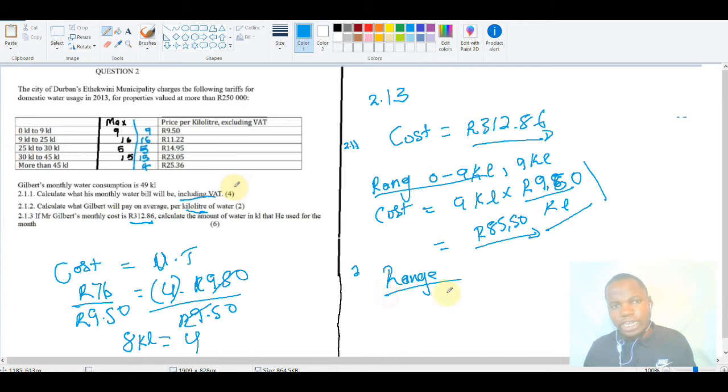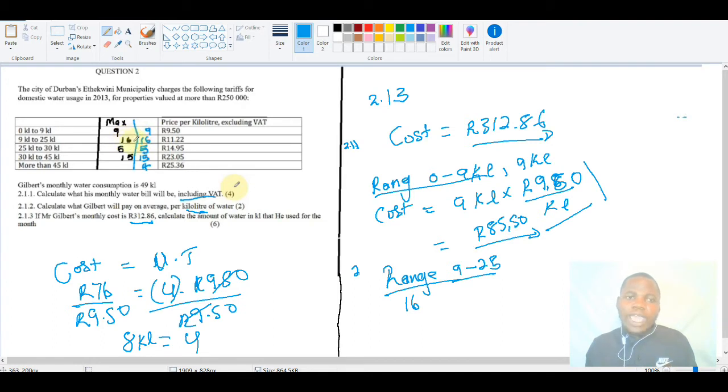So in the second range, what is there? You have 16. What is the range there? The range is 9 to 25. So in that range, what is the maximum water that you can use? It's 16, right?